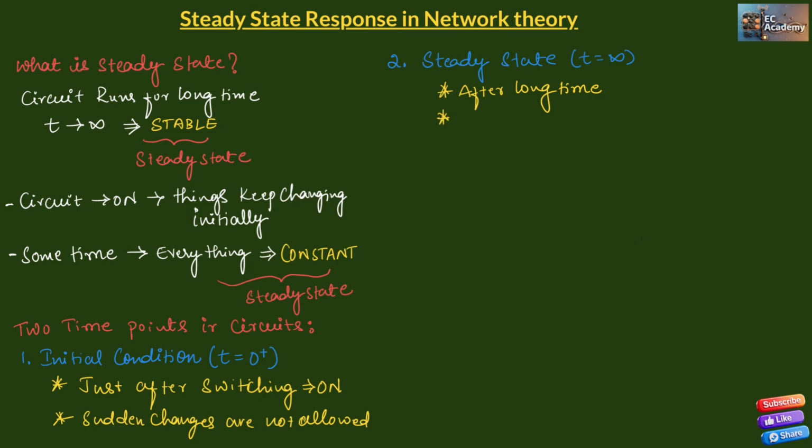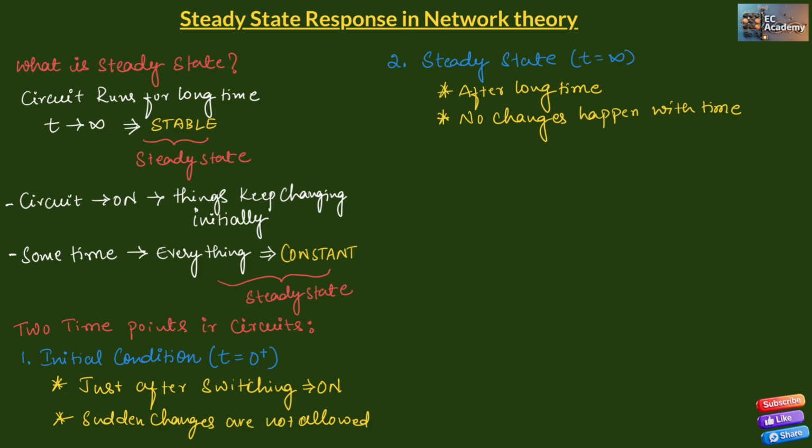Here, no changes happen with time. So if we say no changes happens with time, it means all electrical quantities in the circuit will become constant and stop varying with respect to time. So it means current does not change, voltage does not change, everything will become stable.